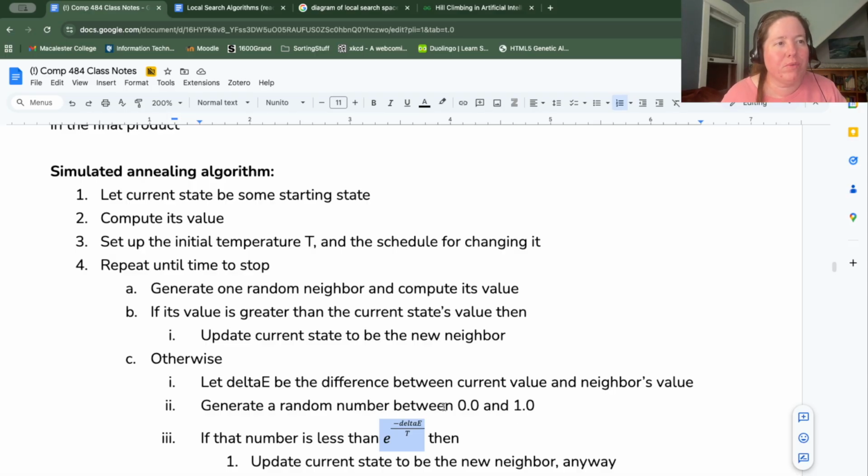Our random number between 0 and 1 has to be smaller than this boundary in order to trigger the change. So if we have a very small number and this is a very large threshold, we are likely to take this not so good neighbor anyway.